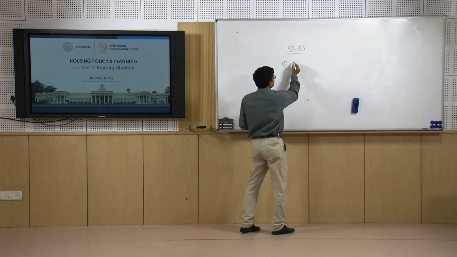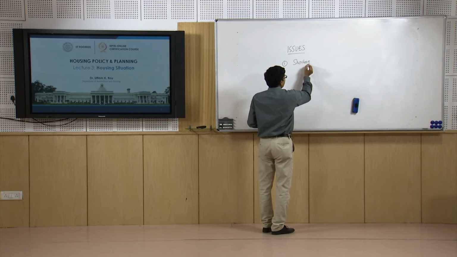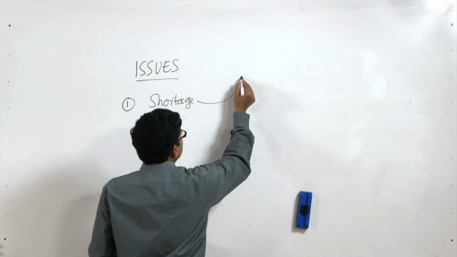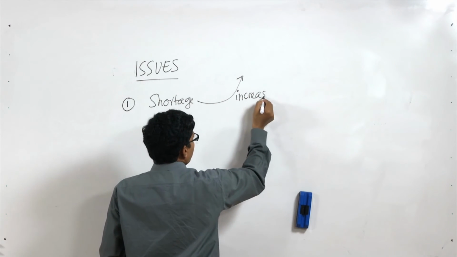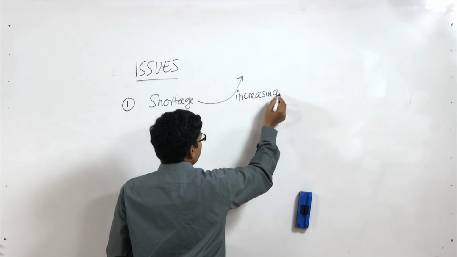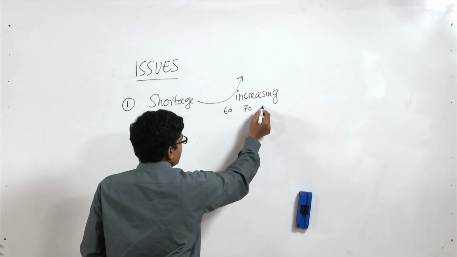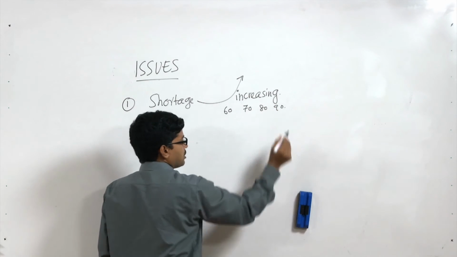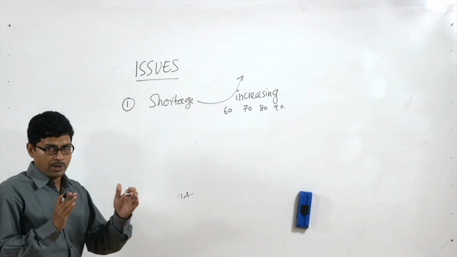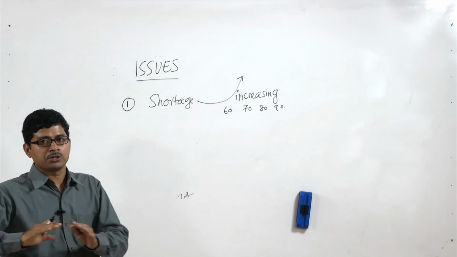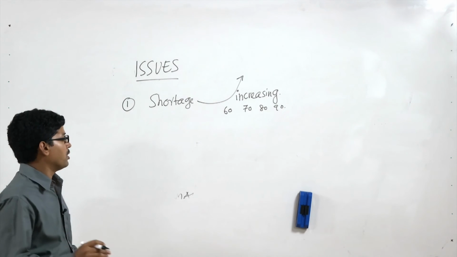So, number one is the shortage, which I discussed, is increasing. Ever increasing from the 60s, 70s, 80s, 90s. It is not coming down. So, therefore, the inference is that the supply and our shortage are not balancing. We are short of supply relative to the requirement.